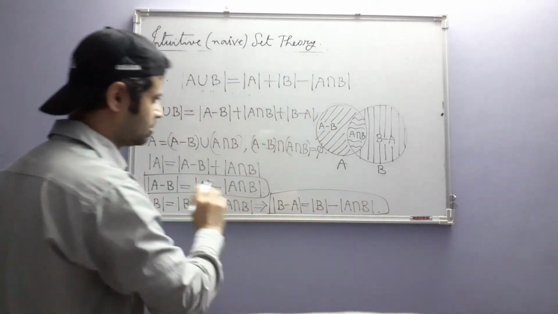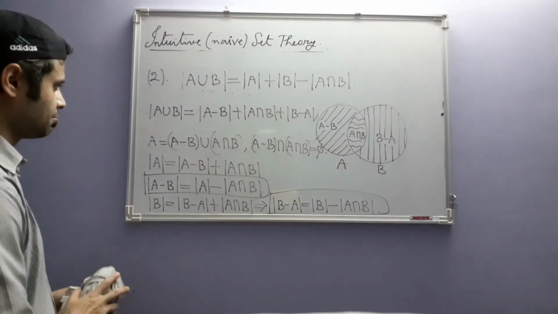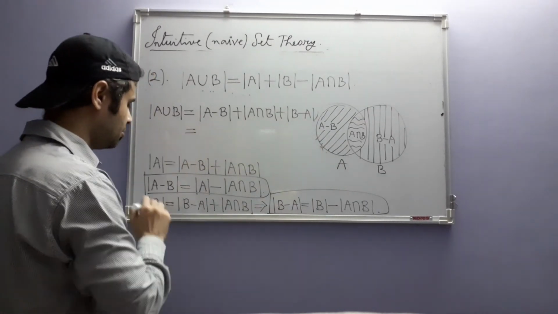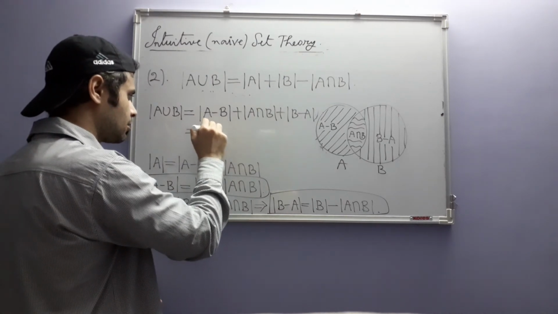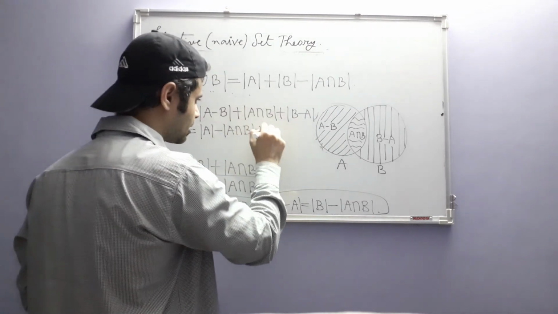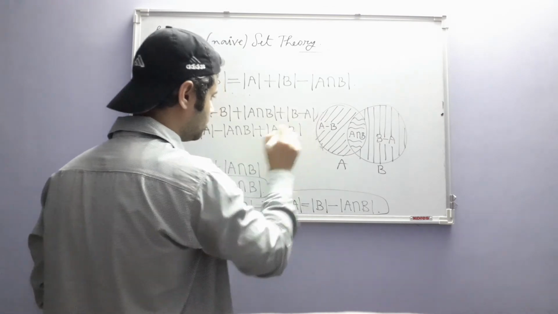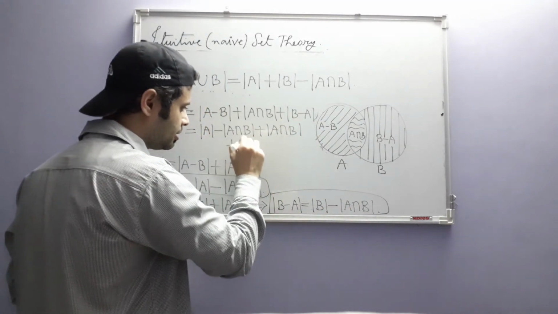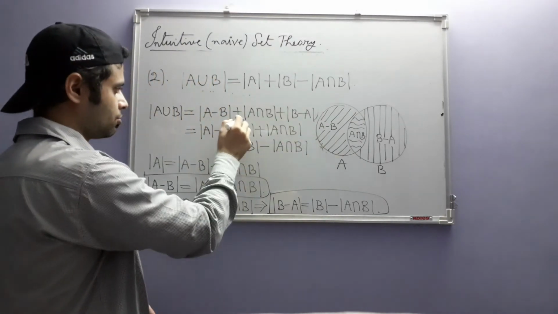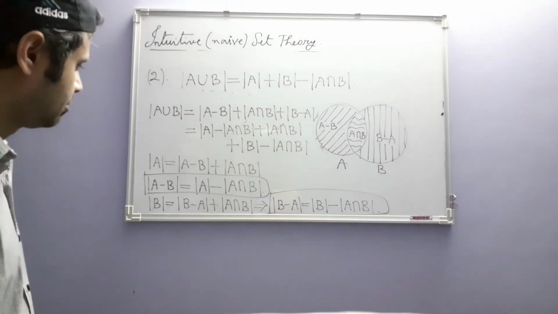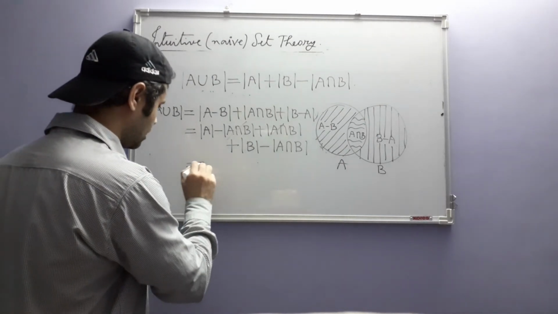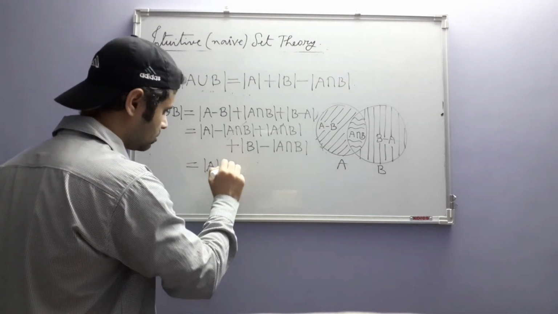So you can replace them by these expressions and see what happens. So in place of cardinality of A minus B, we can write cardinality of A minus cardinality of A intersection B, plus cardinality of A intersection B, plus this one, cardinality of B minus cardinality of A intersection B. So two of these cancel out and we are left with our desired expression.